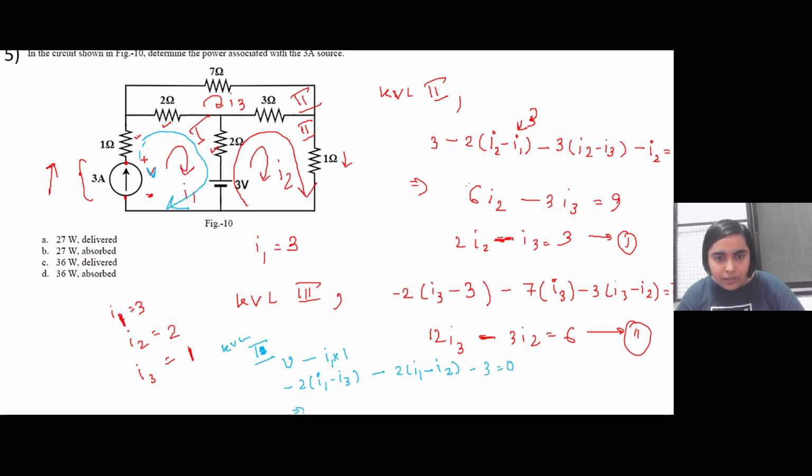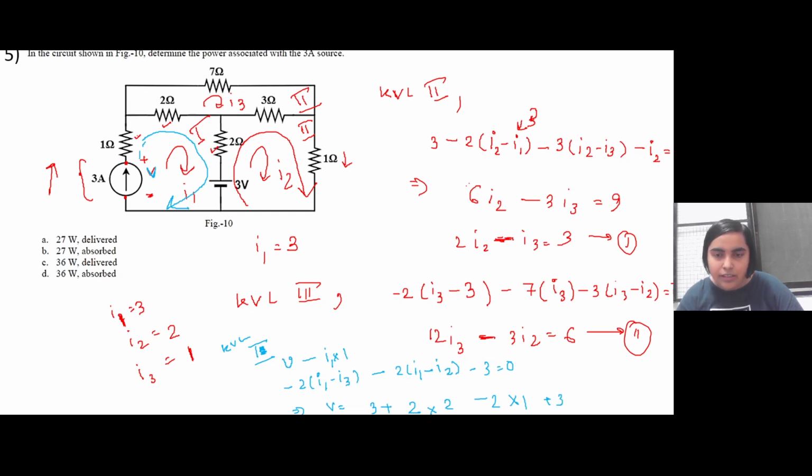So V will be equal to, I1 is given as 3, so it will be 3 plus 2 into I1 minus I3. 3 minus 1 is 2. Again 2 minus 2 into I1 minus I2. I1 minus I2 is 1, plus 3.